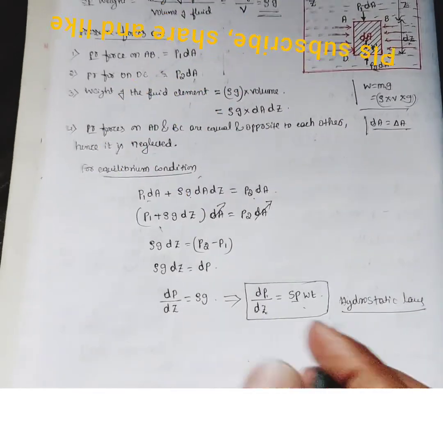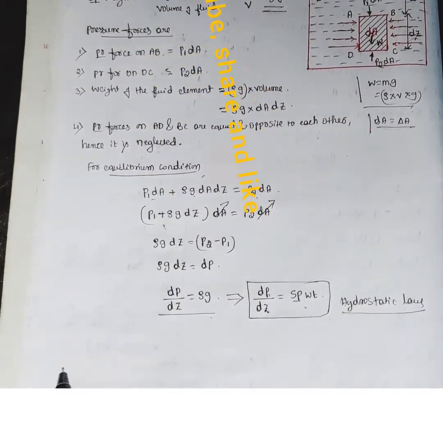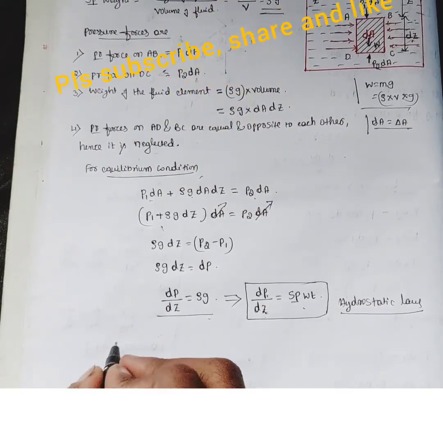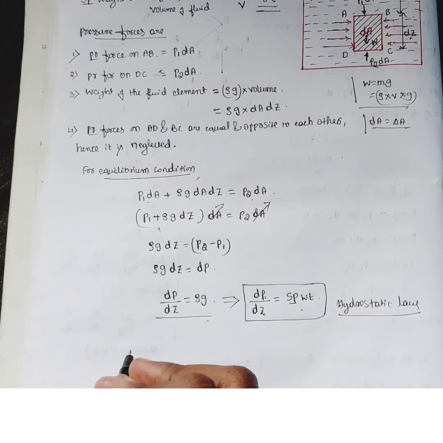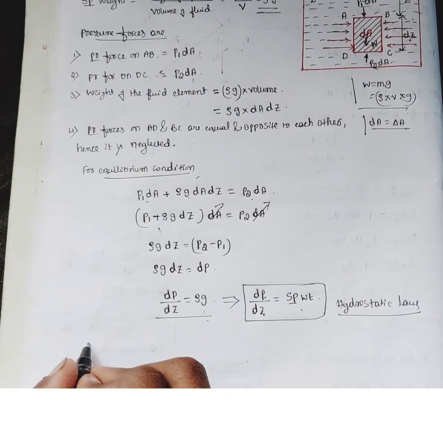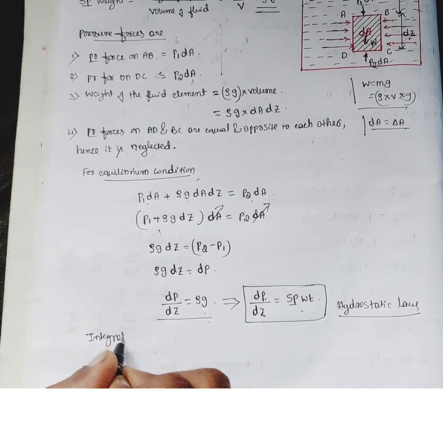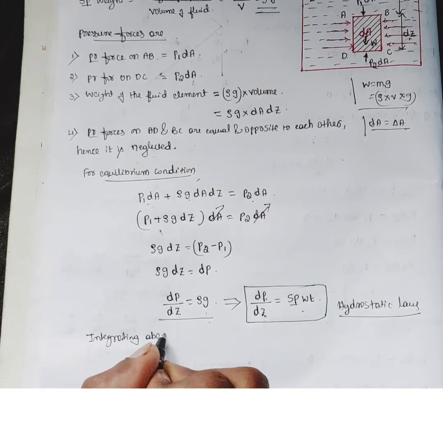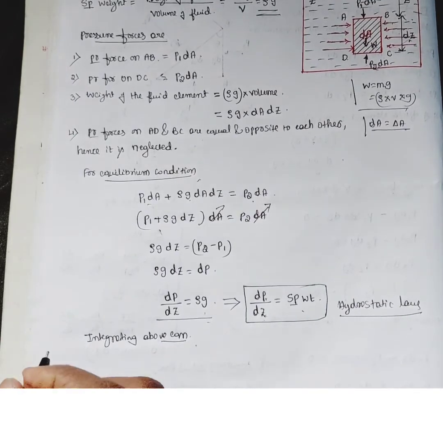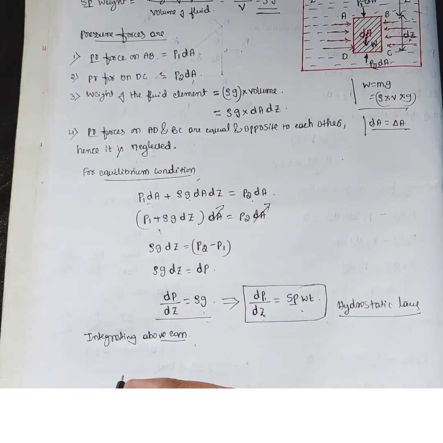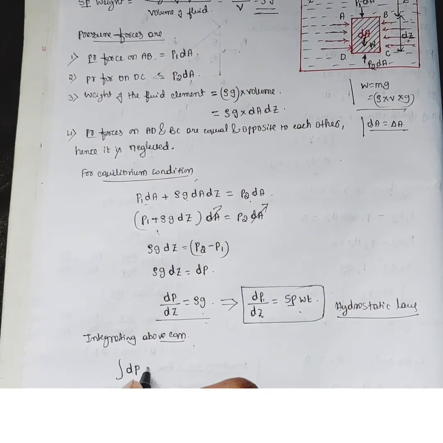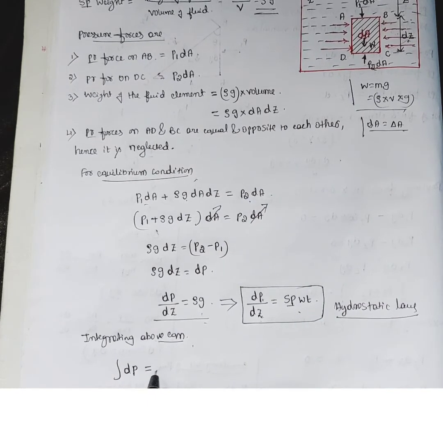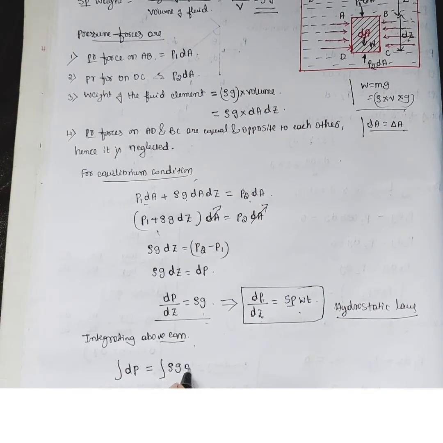Now taking this one, that is dP by dz equals rho g, and again rearranging this one and integrating the above equation, we get the integration of dP is equal to the integration of rho g dz.